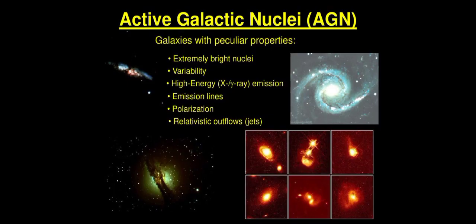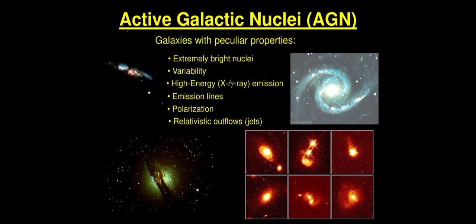So, active galaxies are galaxies that have a small core of emission at the center of an otherwise typical galaxy. This core is typically highly variable and very bright compared to the rest of the galaxy. For normal galaxies, we think of the total energy they emit as the sum of the emission from all of the stars found in the galaxy.